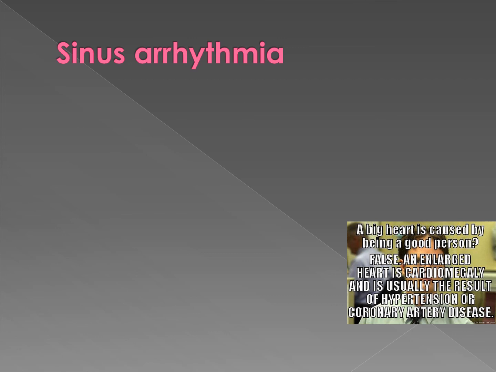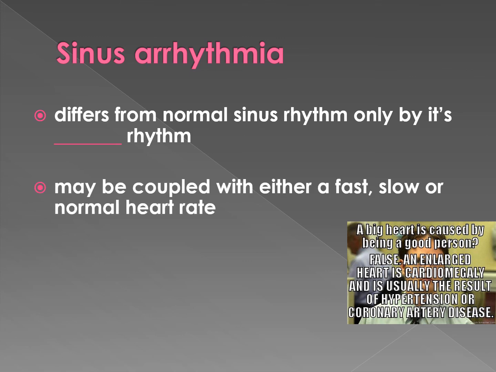For every P, there'll be a QRS complex. They will be at normal intervals. Only now these processes occur at irregular intervals, with the sinus node alternately sending out impulses quickly and slowly. So the sinus node, or the SA node, now can't make up its mind if it wants to go fast or slow. Fast or slow. It can't make up its mind, right?